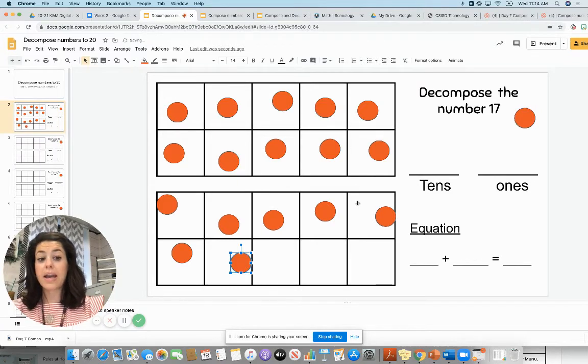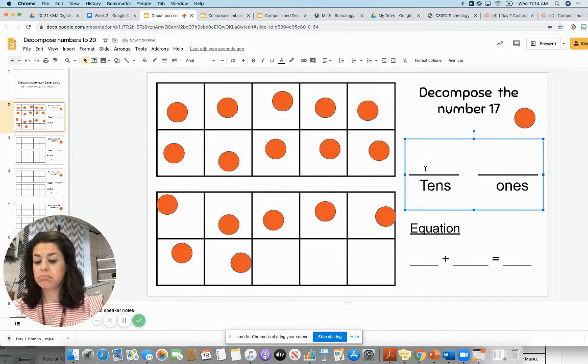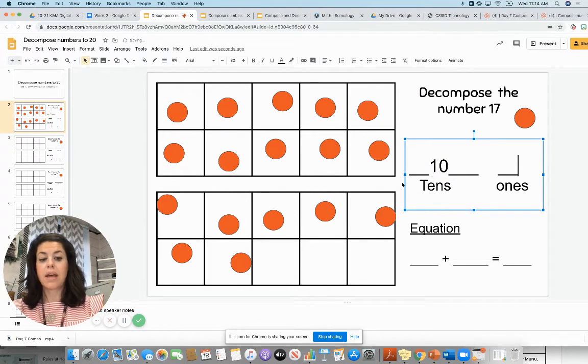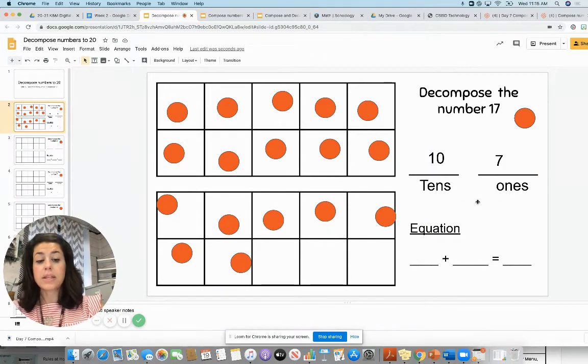Okay, so I had 1 ten, a group of 10. And then I had how many ones left over? Yep, I had 7 ones left over. So we had 10 and 7 ones.